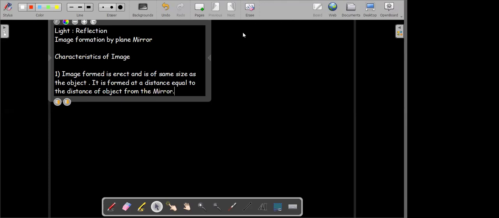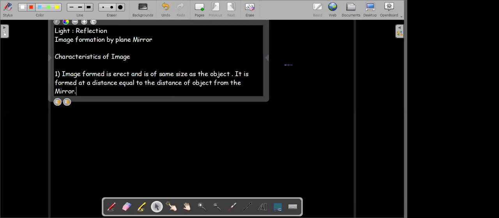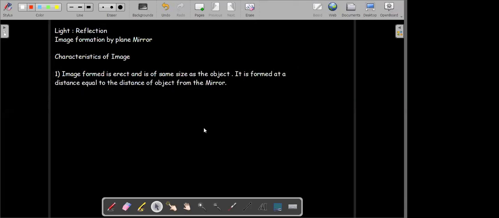Alright. So if you have an object, I'll show you how the image is formed in case of a plane mirror. So here we consider a plane mirror. Let's say this is our plane mirror, and it's polished from one of the sides. So the front surface is the shiny, polished surface.